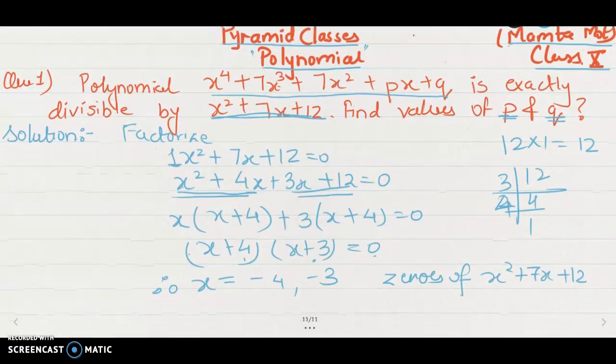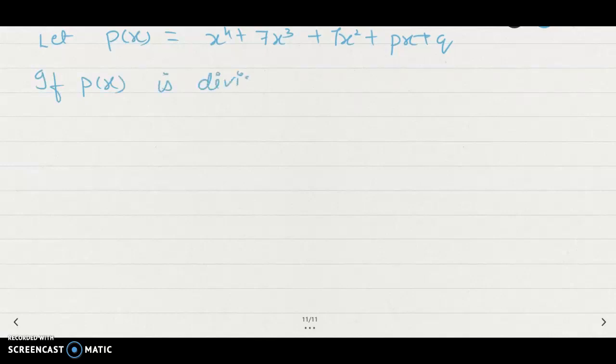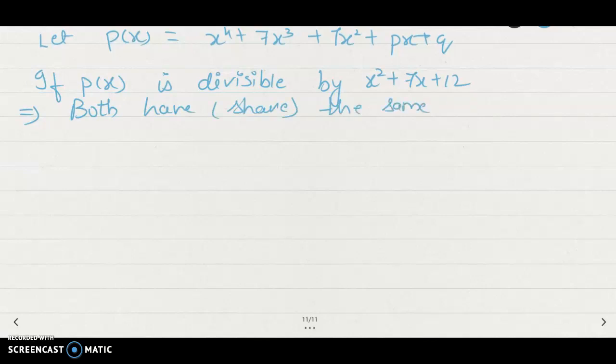Okay, now if these are the zeros of the given quadratic equation, first of all we are going to name the given polynomial x raised to the power of 4 plus 7x cube plus 7x square plus px plus q as P(x). Now P(x) is divisible by the quadratic x square plus 7x plus 12, therefore both share the same zeros.